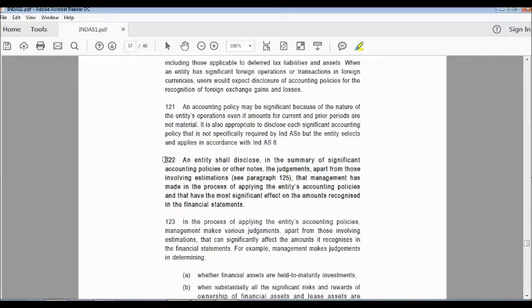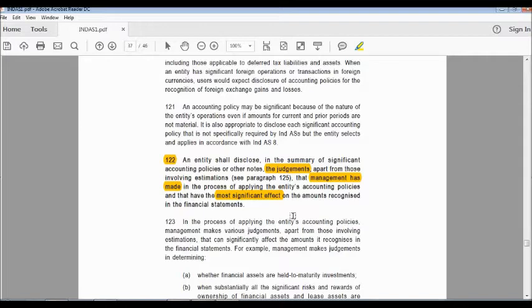Now paragraph number 122 is very interesting, and it says an entity shall disclose in the summary of significant accounting policies or other notes the judgments, apart from those involving estimations, that management has made in the process of applying the entity's accounting policies and that have the most significant effect on the amounts recognized in the financial statements. This is a major change from the earlier accounting standard 1.